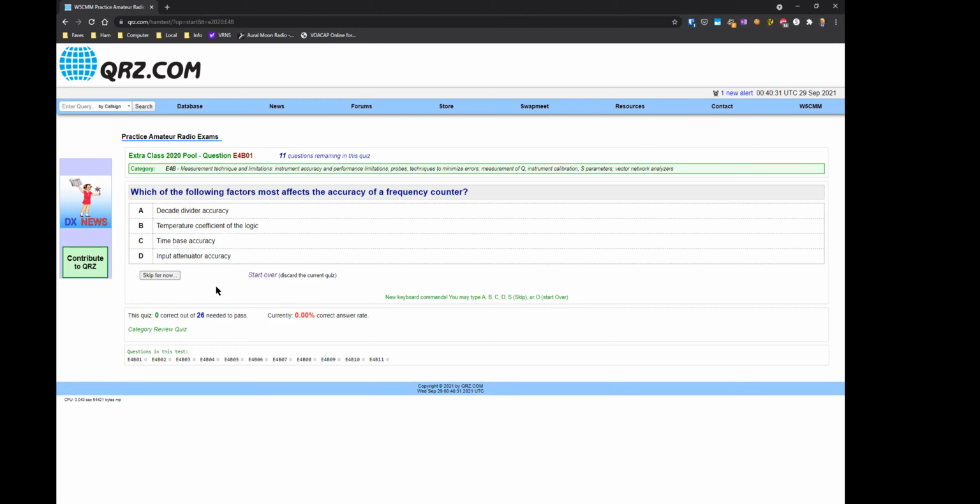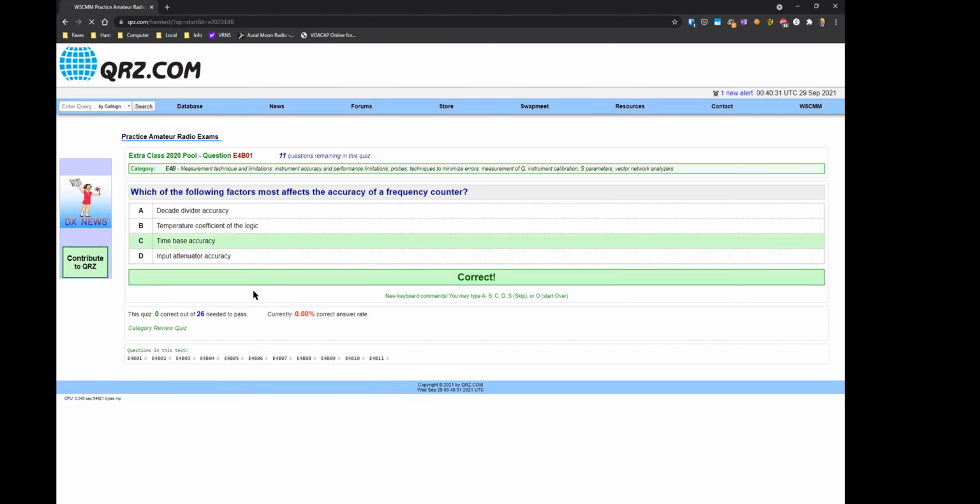Which of the following factors most affects the accuracy of a frequency counter? C. Yeah, time-base accuracy.